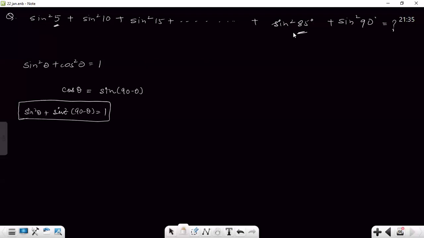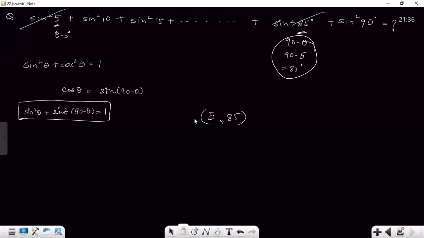Sine square of theta plus sine square of 90 minus theta, let's say theta is 5 degrees, and 90 minus 5 is 85 degrees, is 1. So this will pair with this to make 1. So 5 will pair with 85.